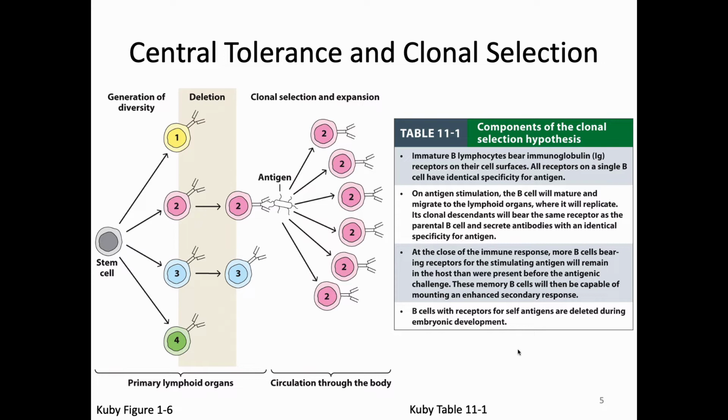Failures in either central or the other type, peripheral, are what cause autoimmune disorders. And in fact, there are specific hallmarks of autoimmune diseases that are central tolerance failure diseases or those that are peripheral tolerance failures. I like to think that the way the immune system is set up, and this is the beginning of us thinking about that, is that we are always balancing on the edge of autoimmunity.